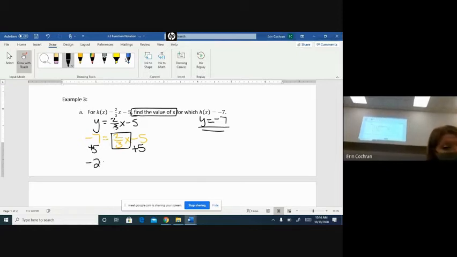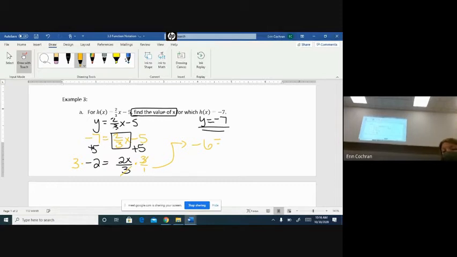Negative 2 equals, now 2/3 x, isn't it the same thing as 2x over 3? How would I get rid of that 3? Multiply it, right? And what's 3 times negative 2? Negative 6 equals, what happens to these 3's?